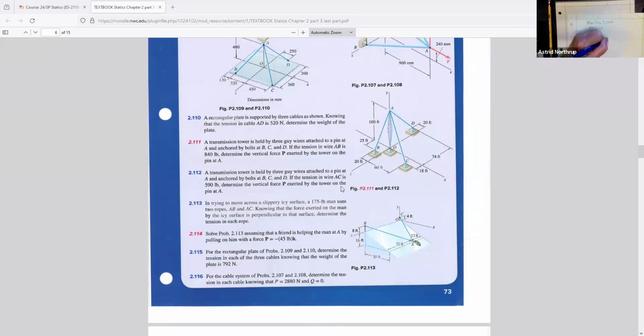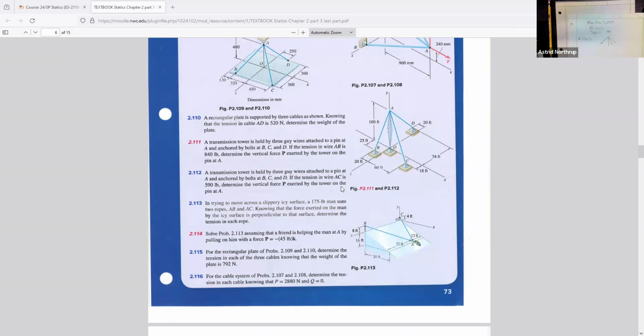One is that in a free body diagram, the transmission tower is pushing up on pin A, and the 3 guy wires are pulling down.